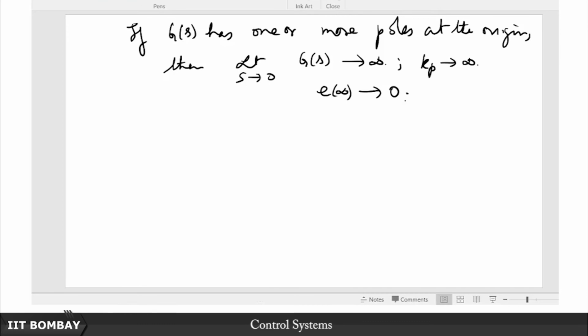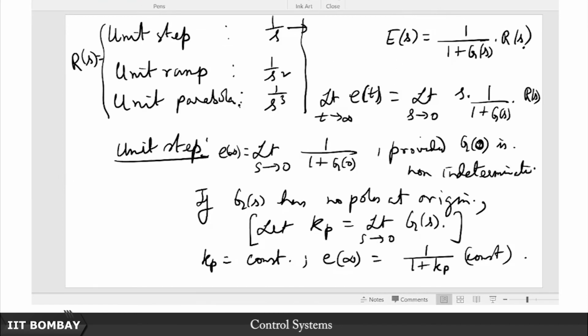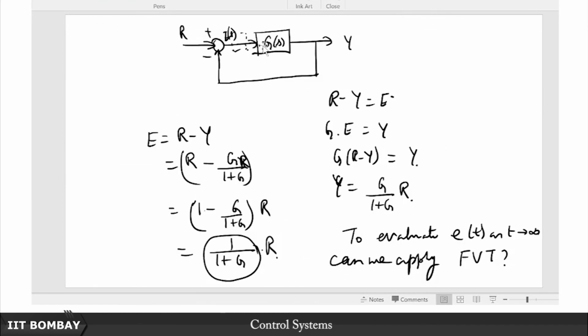If you think about it a bit, it is not very surprising. What are we basically saying? If you have an integral mode here, what does the integration do? The moment that r minus y becomes 0, if there is no integration, then there is no input going into this plant, and so again the output at this terminal will tend to reduce.